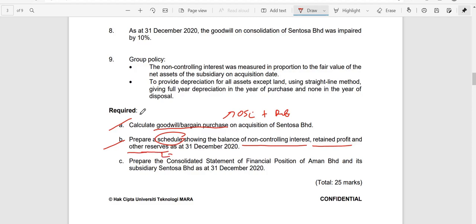Other reserve in our case here would be the general reserve as at 31st of December, and the analysis of the reserve and the equity section. And then lastly, prepare the consolidated statement of financial position. So you need to prepare all this to get the 25 marks.